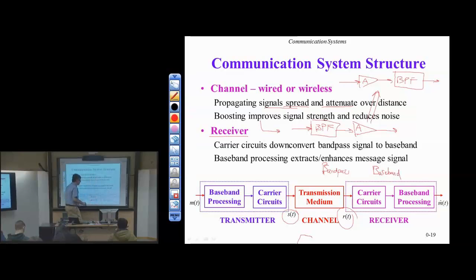And then it could be baseband plus other, and the baseband processing would then extract the baseband part. The ultimate goal at the receiver output is to give an estimate of the transmitted signal that has the highest signal quality possible. So again, our starting point would be signal to noise ratio. We'd like to have the highest signal to noise ratio possible.